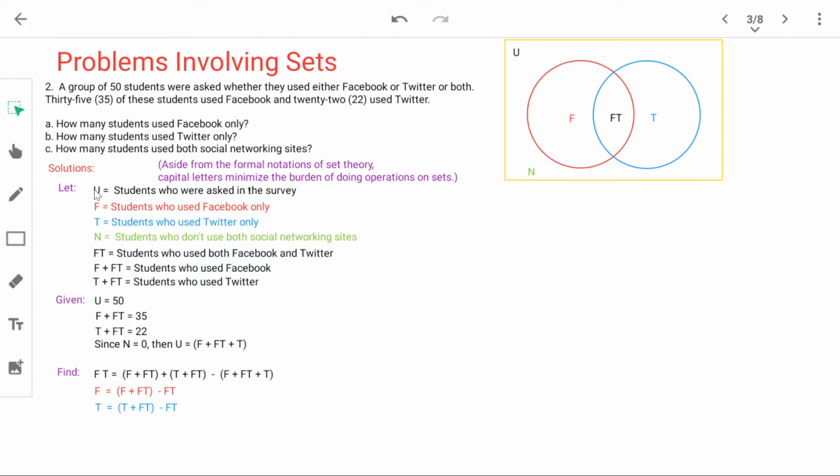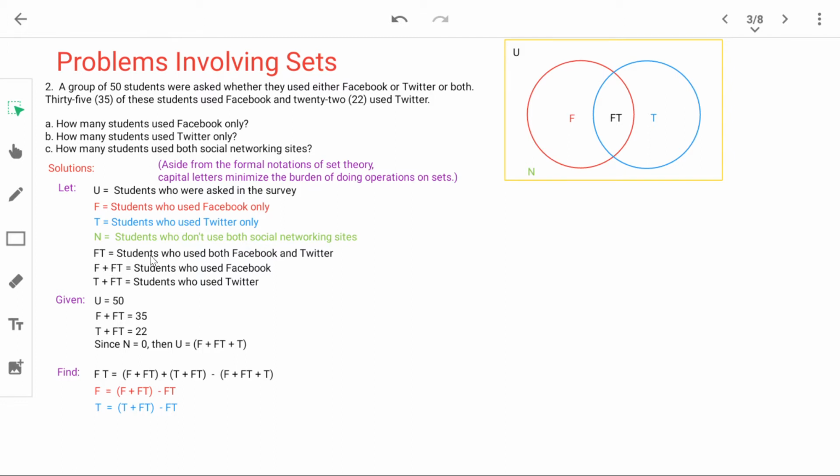We let U be the number of students who were asked in the survey. F are the students who use Facebook only. T, students who use Twitter only. And N, students who don't use both social networking sites.